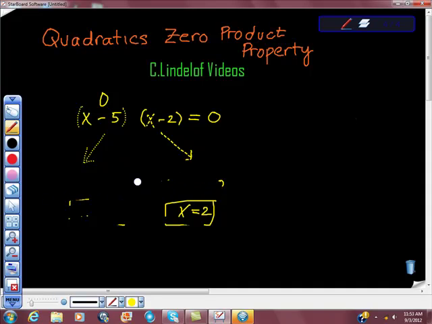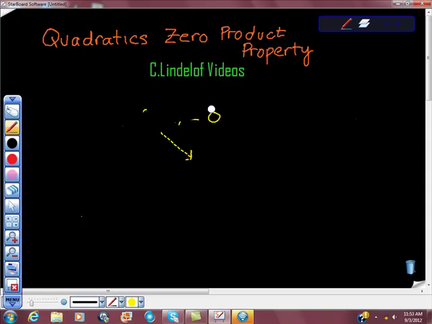So let me just show you what this might look like as the whole process. We're asked to find the solutions. We're asked to solve something. So your professor says to you, please solve this expression. He or she says, solve x squared minus 7x plus 12 equals 0.